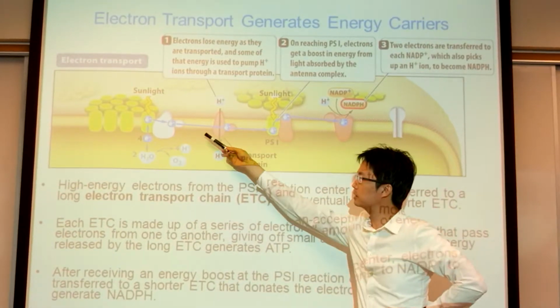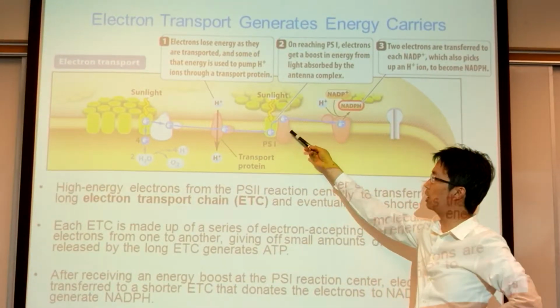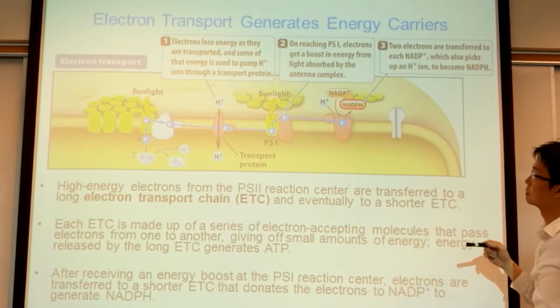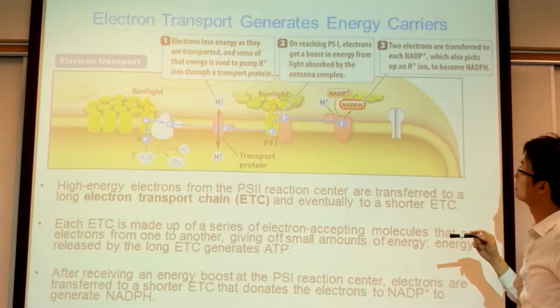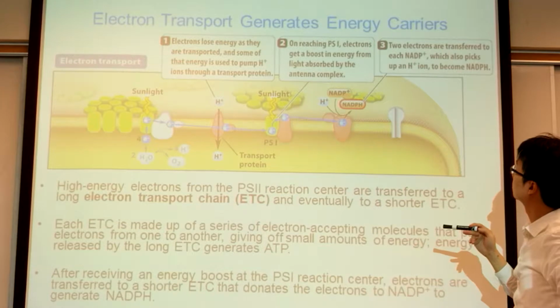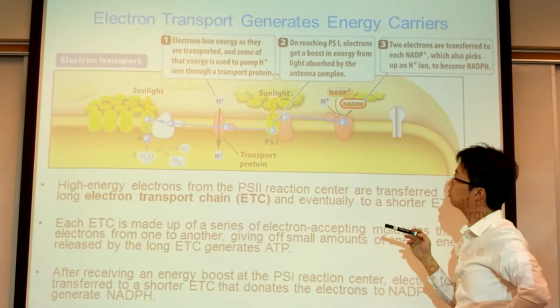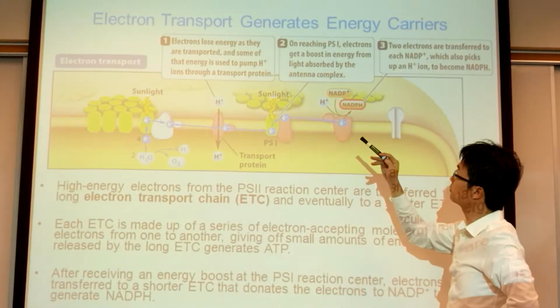Then they keep on passing the high energy electron to photosystem 1. Photosystem 1 will also absorb sunlight.